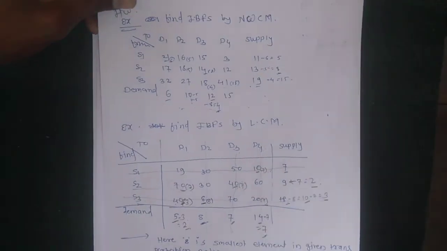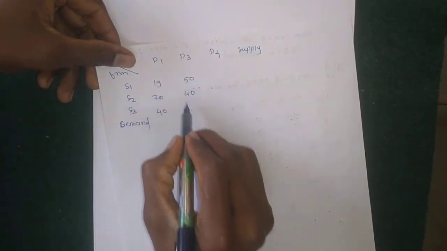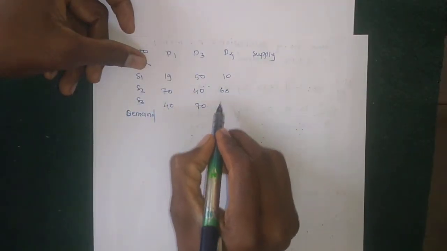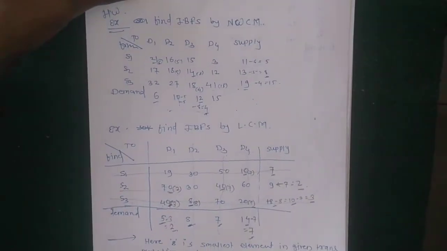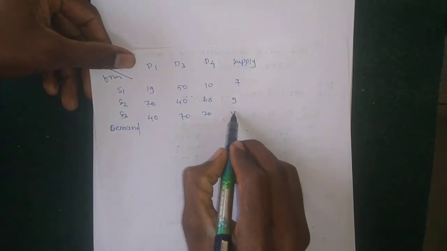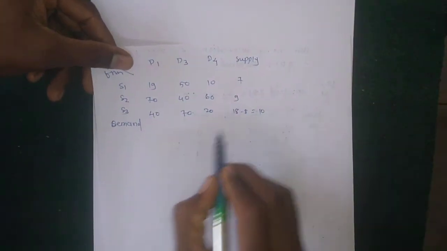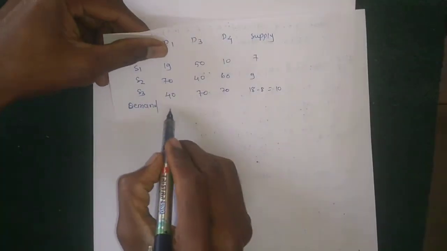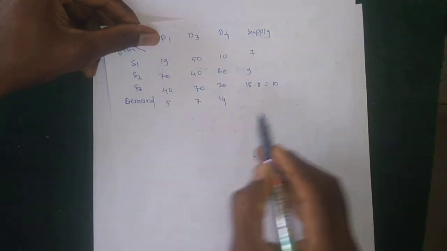Then next is 50 40 70. D2 column is deleted. Then the D4 column is 10 60 20. Okay, and then supply is 7 9, 18 minus 8, remaining 10, and demand is 5 7 14.